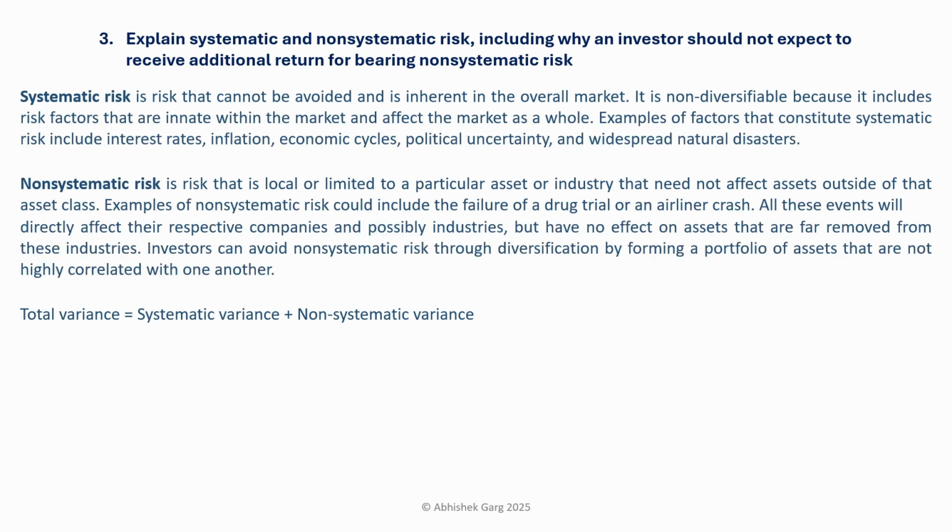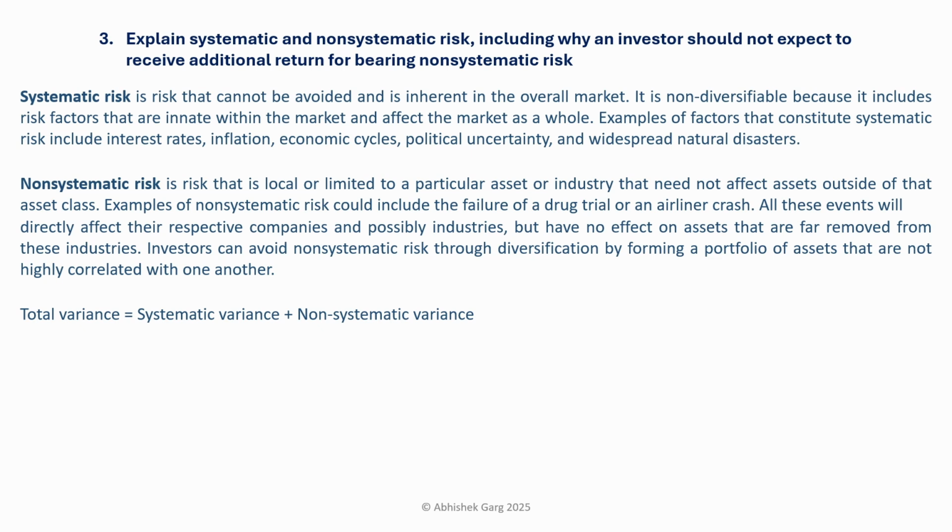What is a non-systematic risk? It's the risk that is local or limited to a particular asset or a particular company or a particular industry, and it need not affect the assets outside of that asset class. What could be the example? The example could be a failure of a drug trial or an airliner crash.